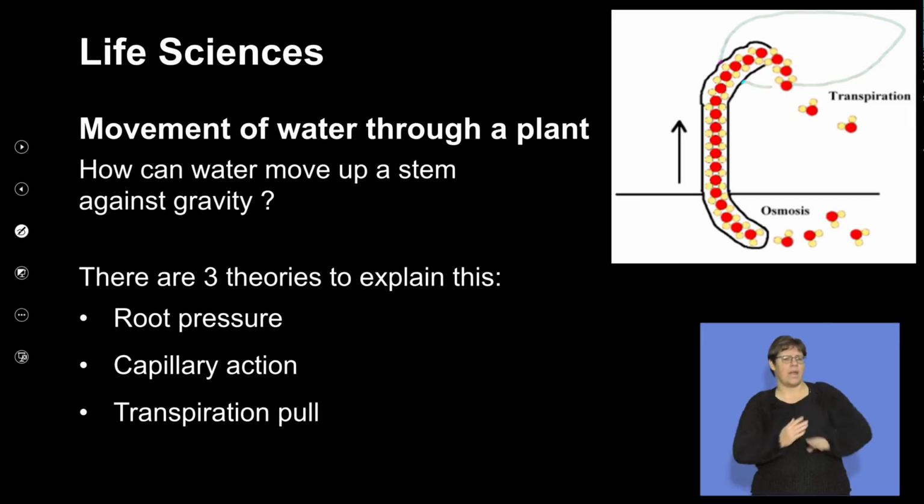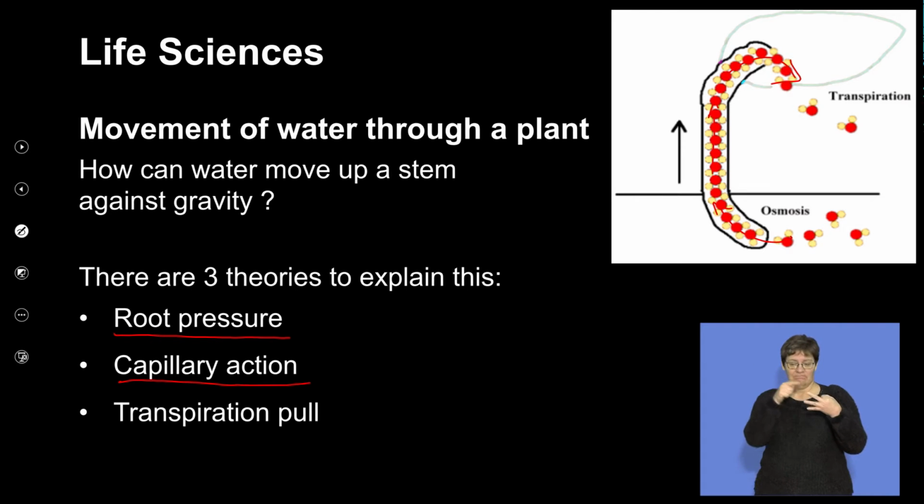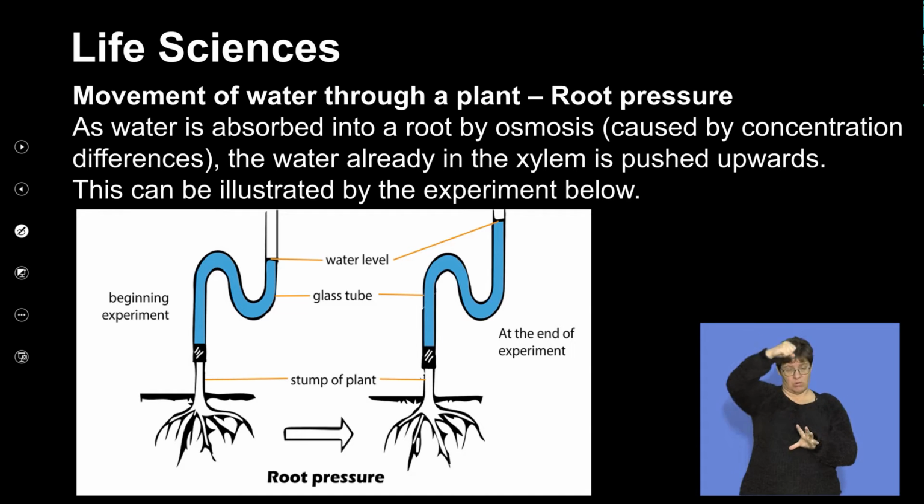So the water has to go in through the root, up the stem, and then into the leaf. There are 3 theories that explain this movement: root pressure, capillary action, and transpiration pull, and we're going to have a look at each one of these.